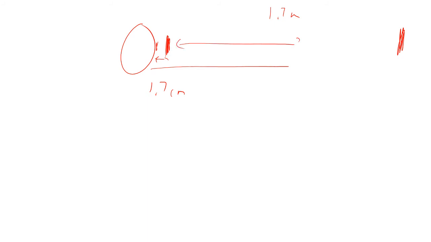So that means that the image distance, instead of being equal to minus 1.7 meters, we want to be 1.7 meters minus 1.7 centimeters.